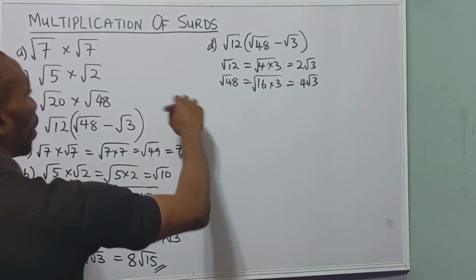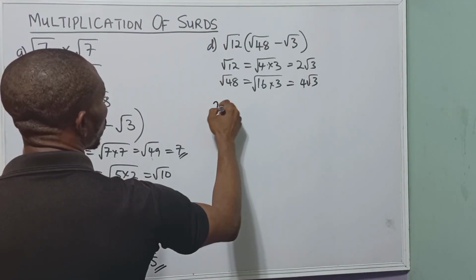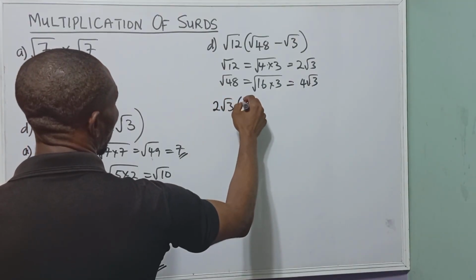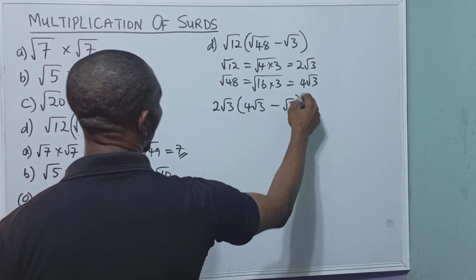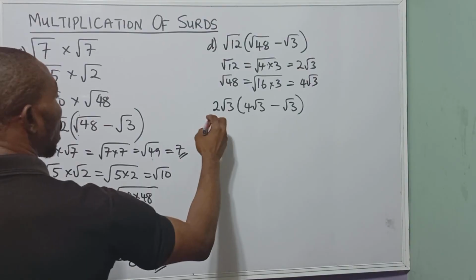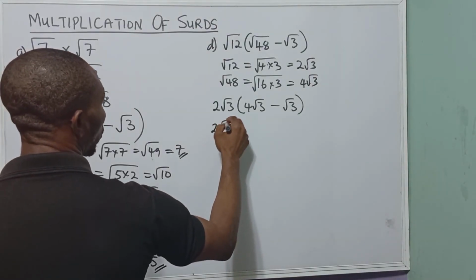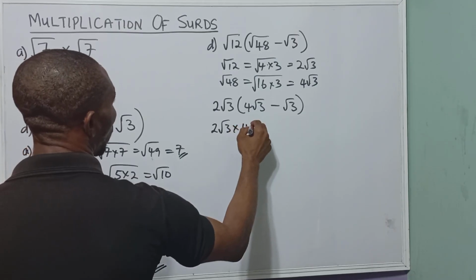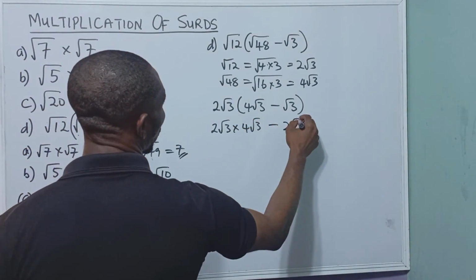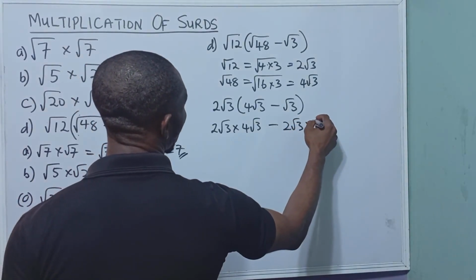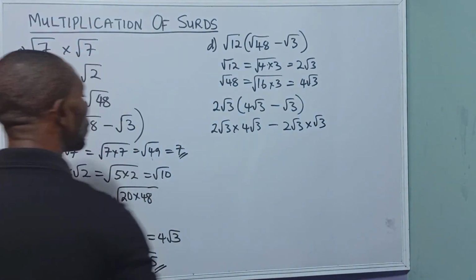Replacing there, we have 2 root 3 bracket 4 root 3 minus root 3. Now, opening up this bracket, we have 2 root 3 times 4 root 3 minus 2 root 3 times root 3.